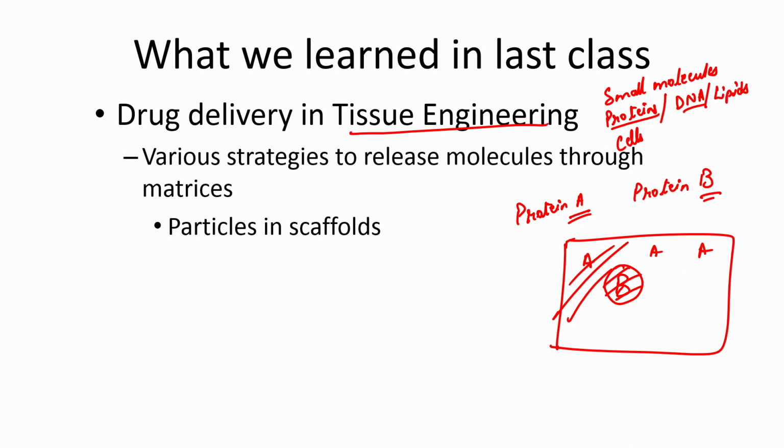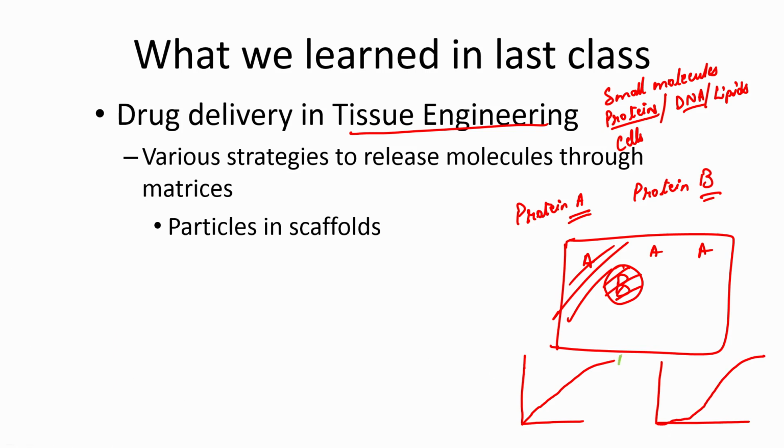This way you can tune it so that, if I plot release rate from the time of implantation, maybe A will come out at a certain rate, whereas B will be very minimal at the start, and only when a certain amount of polymer is degraded will it come out.